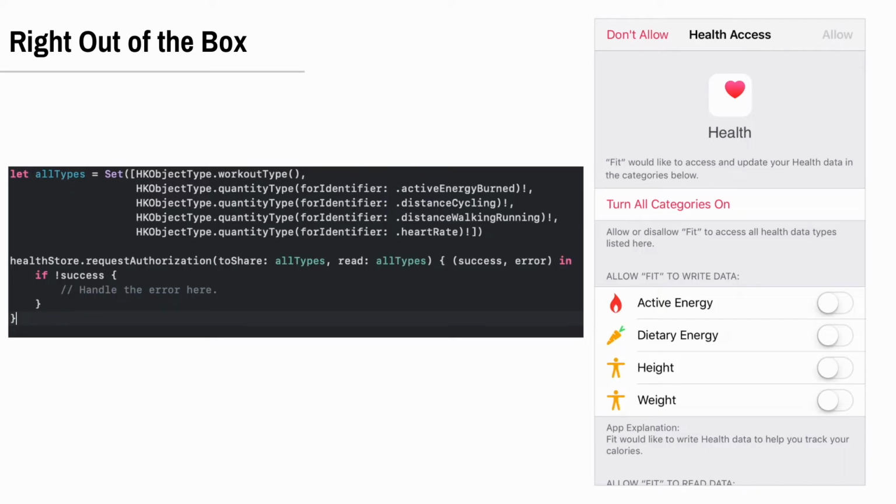So you can see here to share versus read. That's the basis of that. You can see the identifiers, which are enums. So active energy burned, distance cycled, walking, running, heart rate, all that stuff. That's a really easy way to set this up. And I'll show you a little bit about that in a second.